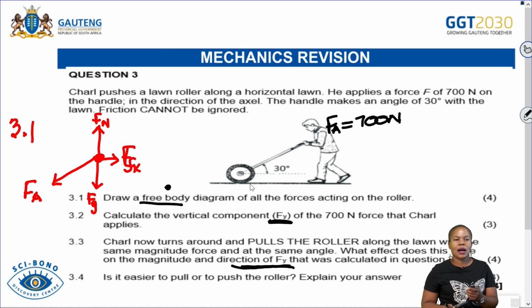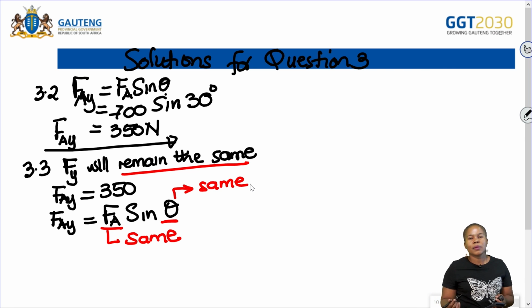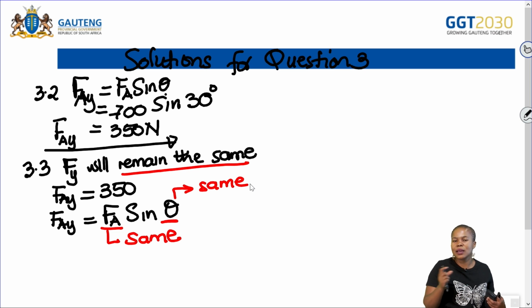And then our last question: is it easier to pull or to push the roller? Explain your answer. What will give us a hint on which is easier between the two is the friction, how big the frictional force will be.